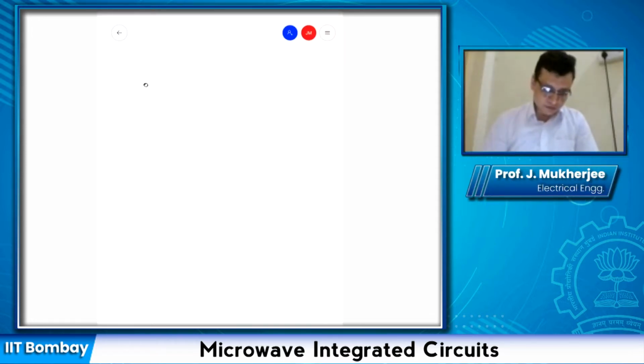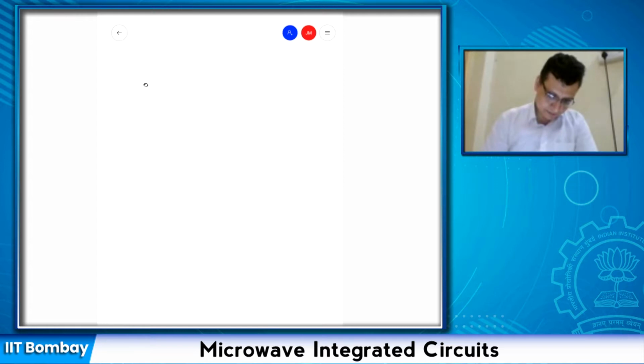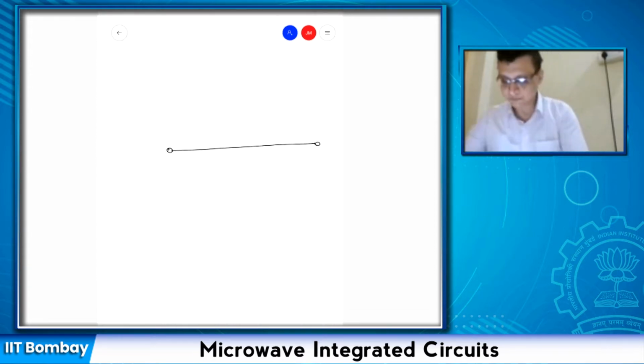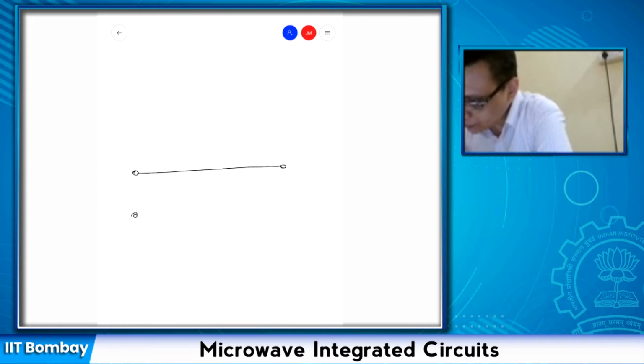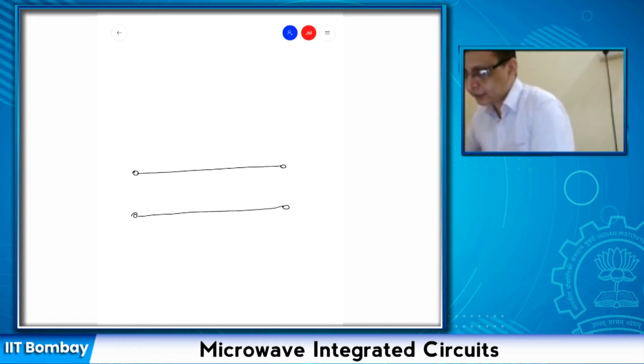Okay, so we started with the transmission line. There is a load ZL connected at one end.